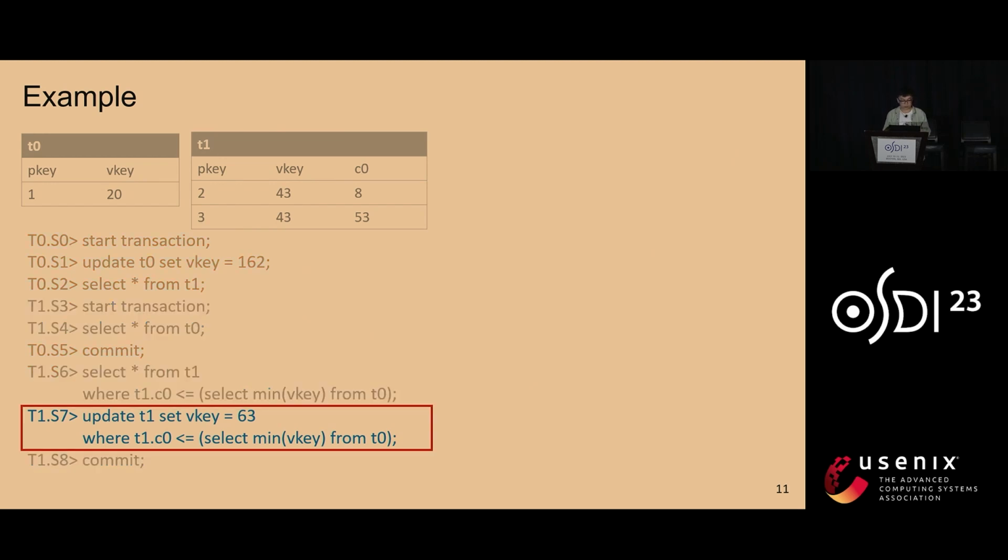We only need to focus on this statement. This update statement is complex because it uses a sub-select, and inside the sub-select, it uses an aggregate function, minimum. Moreover, it uses a predicate, which means it's difficult to predict which row will be processed by this statement. Because of this, it's very difficult to predict the expected result of this update statement.